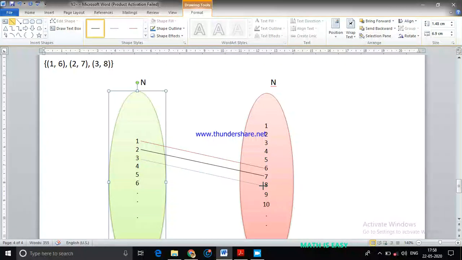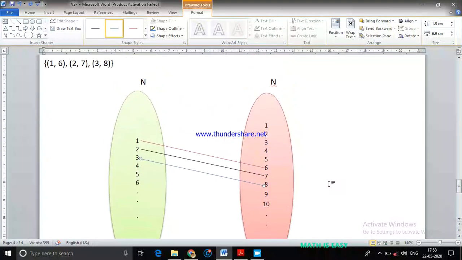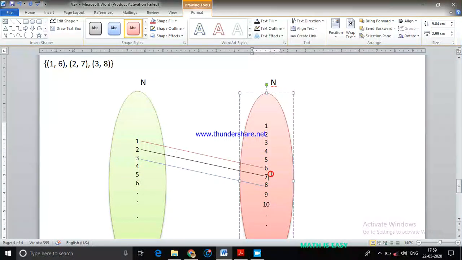That's it. Nothing more to do. Now here the domain is 1, 2, 3. The codomain is all the natural numbers 1, 2, 3, 4, 5 till infinity, and the range is 6, 7, 8. Okay, so this is how you have to solve.